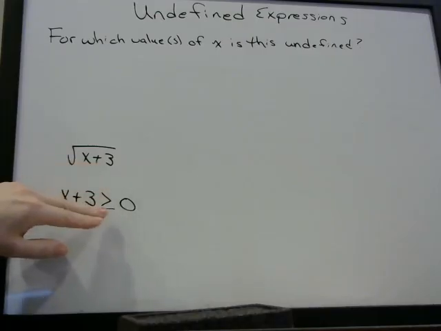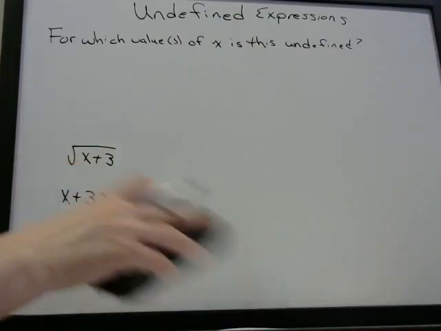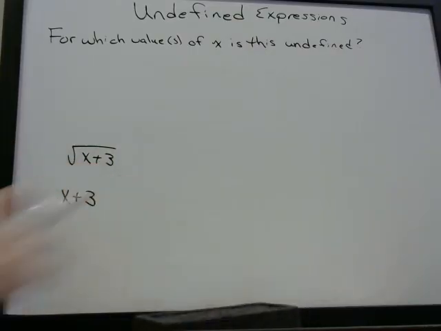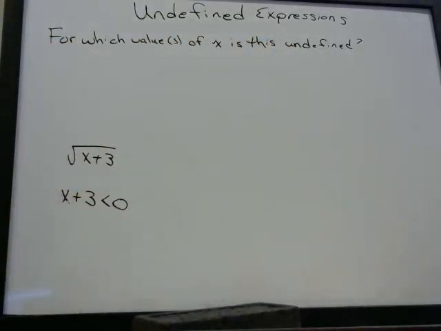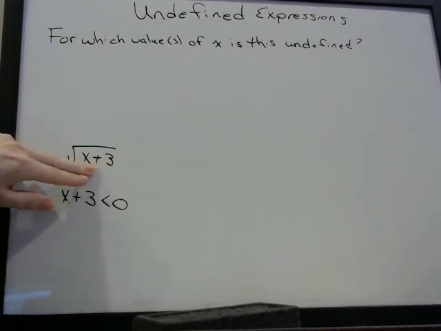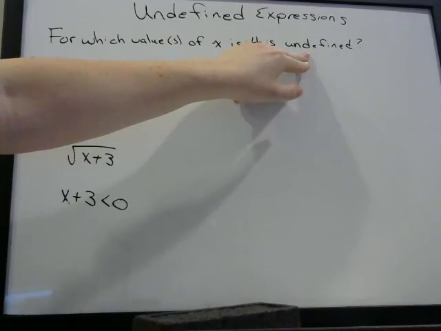So it has to be positive or greater than or equal to 0 to be a valid number, right? So what's going to make it undefined is when this is less than 0. So if the expression under the square root symbol is less than 0, it's undefined. And so again, you just have an algebra problem. Here it now has an inequality sign, which sometimes can make the math a little bit different. And so watch the videos, but you just have an algebra problem that you need to solve.